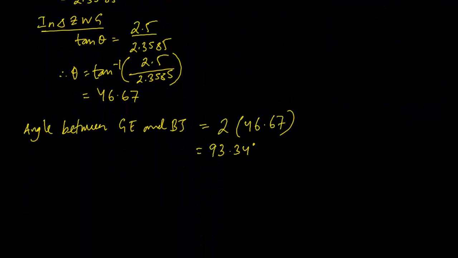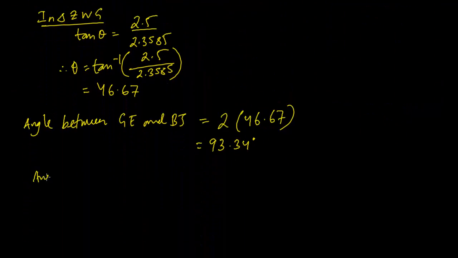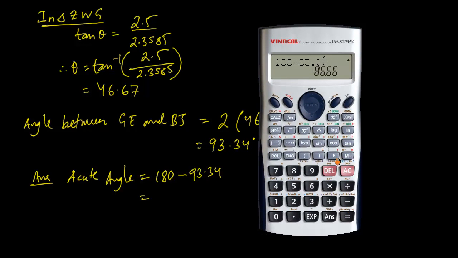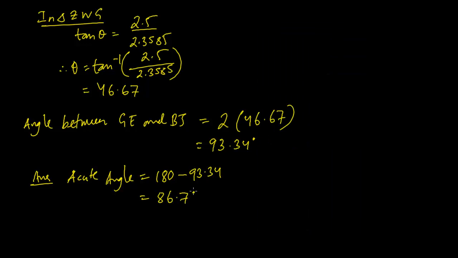So write the answer: acute angle equals 180 degrees minus 93.34, and that is going to give us 86.7 degrees to 1 decimal place.